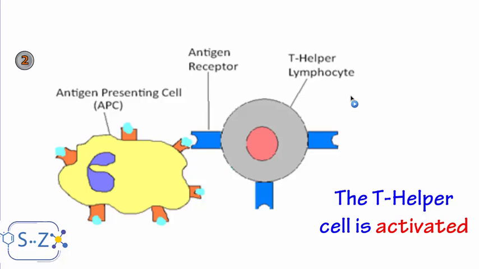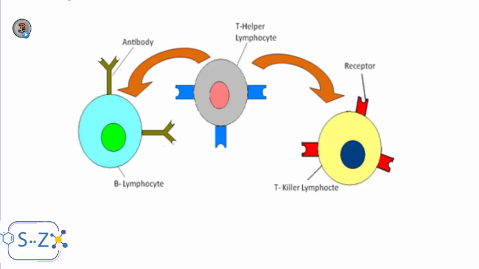What does this T helper lymphocyte do? As we talked earlier, the T helper lymphocyte is important for the control of all the immune response. It is responsible for activation of the other lymphocytes, which are the T killer lymphocyte and the B lymphocyte.